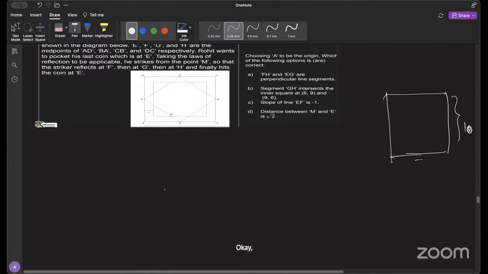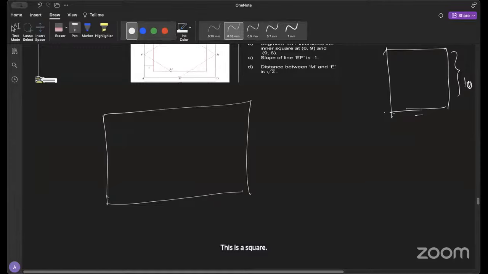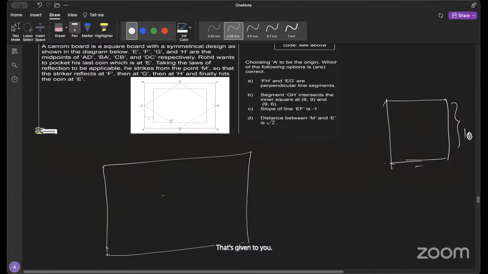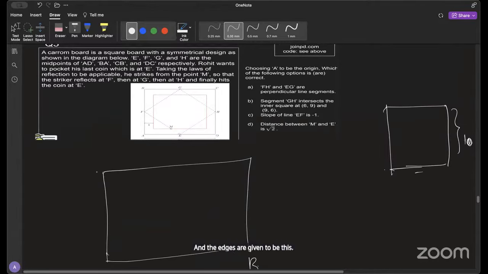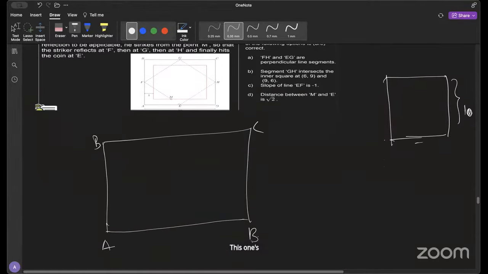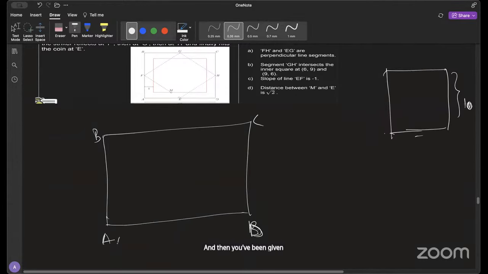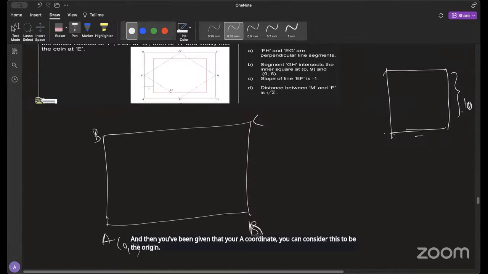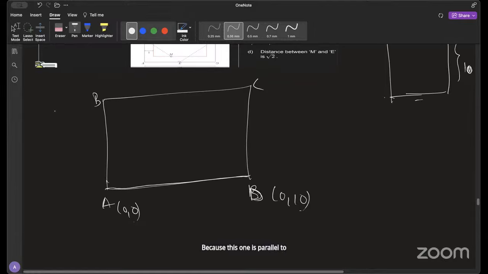Okay, let's do this question here. This is a square that's given to you, and the edges are given to be this. This one's B. And you have been given that your A coordinate, you can consider to be the origin. As we discussed, this is 10 units, so this should be 0, 10, right? Because this one is parallel to the x-axis.